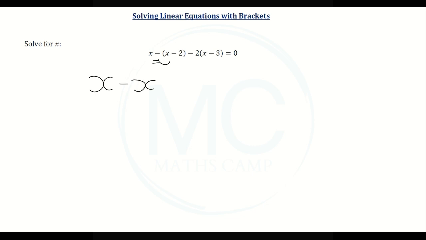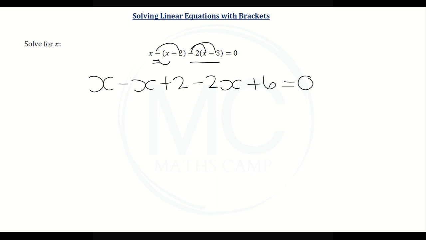Negative 1 multiplied by negative 2 is positive 2. Now we can expand this bracket over here. Negative 2 multiplied by x is negative 2x. And negative 2 multiplied by negative 3 is positive 6. And we make this equal to 0.